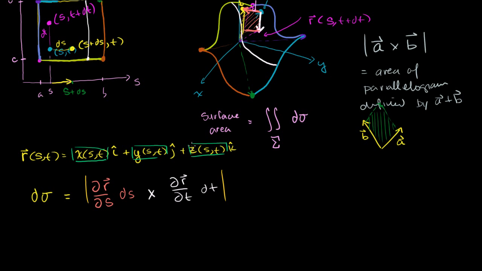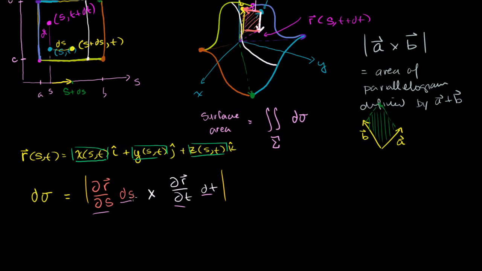Now, let's just be clear. This and this, these are vectors, right? When you take the partial derivative of a vector valued function, you're still getting a vector. This ds is a number, and that's a number. And you might remember from linear algebra, or whenever you first saw taking cross products, that with some scalar multiple, you can take the scalars out.